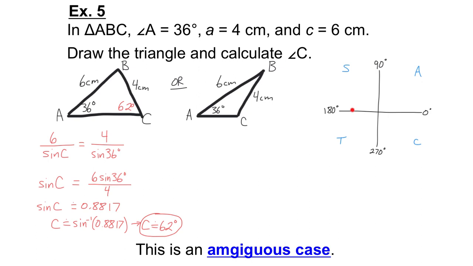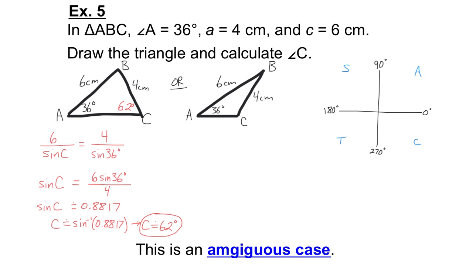In the second quadrant, these are our obtuse angles. Only the sine is positive. Cosine and tangent are negative. Now, how does that relate to this? Well, look right here. Sine C equals 0.8817 approximately. That's a positive value. So the sine of angle C is positive.